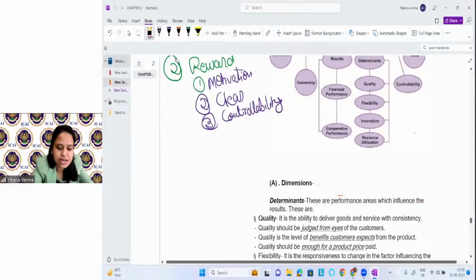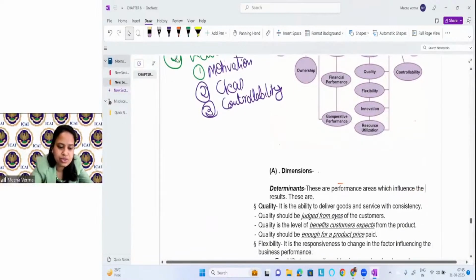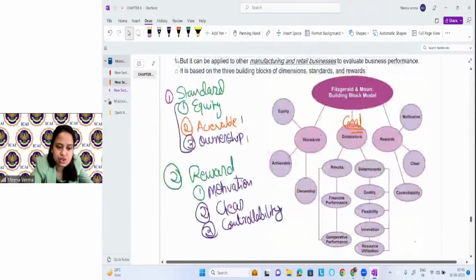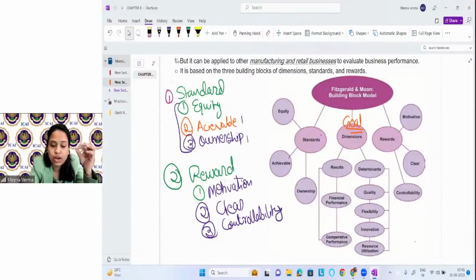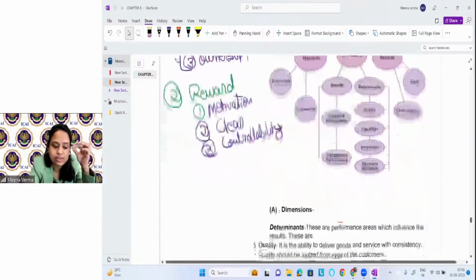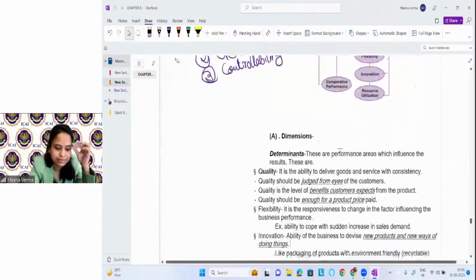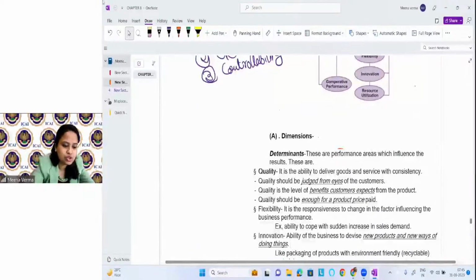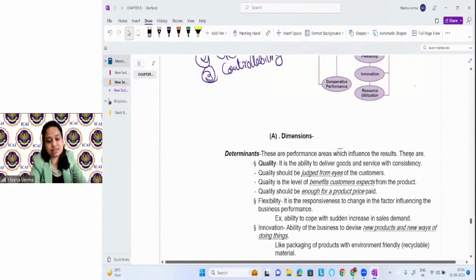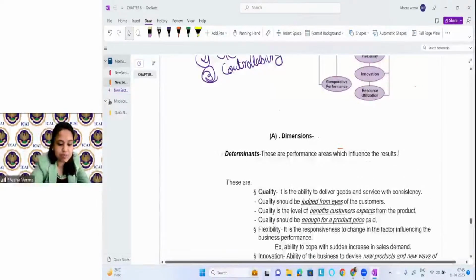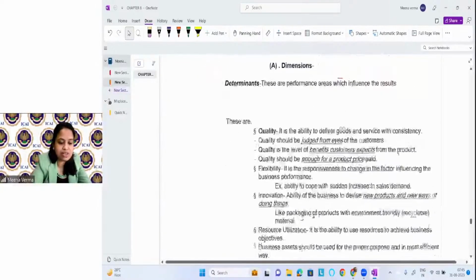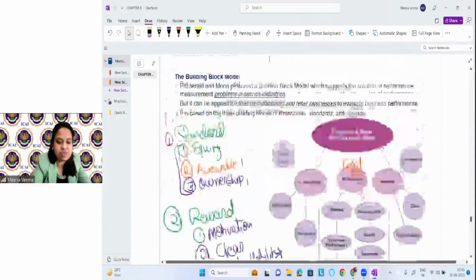Now next is determinant. You can see dimension, that is the goal. Two types of goal the company has: one is result and the other is determinants. Now let's see what points they will consider in determinant. So determinant means the performance area which always influences the result. Keep it in mind: determinants means areas that influence the result.